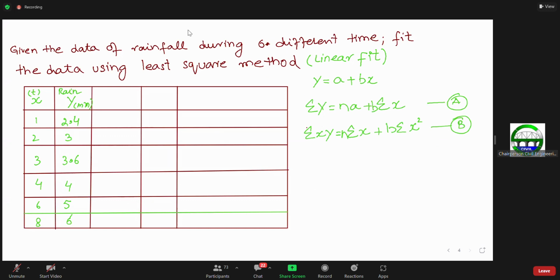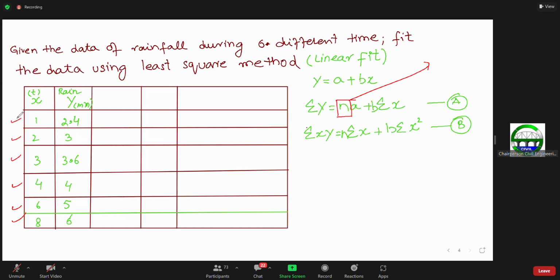Now, what are the values of these things? What is the value of n? Can anyone tell me? n will be the total number of values.